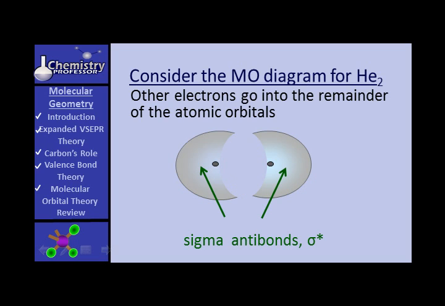The sigma antibond area. That's where the other two electrons are. And unlike the sigma bond, the sigma antibonds work to the destruction of the molecule. In other words, the respective nuclei are attracted to those electrons that are in the antibonding volumes also, and that prevents a net loss of energy.